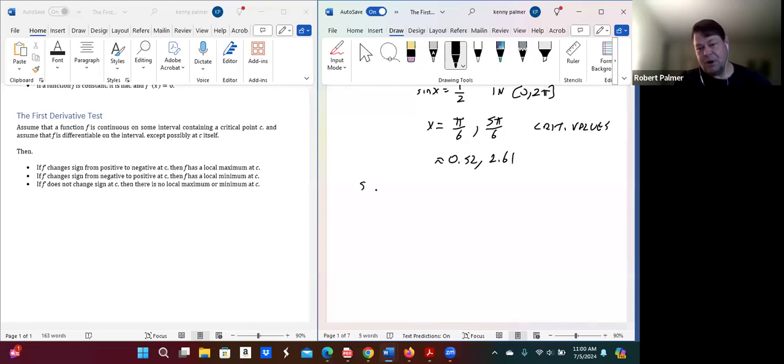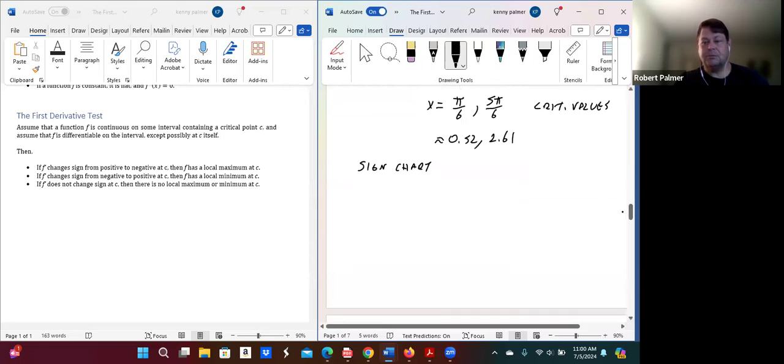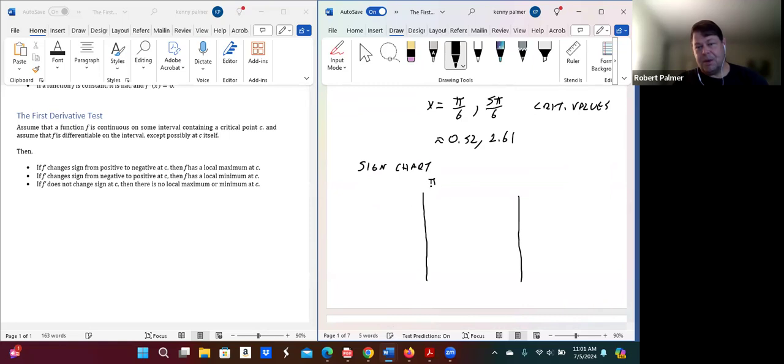Now, let's do our sign chart. So these values separate everything. All right. So this is pi over 6, which is approximately 0.52. And this is 5 pi over 6, which is approximately 2.61.